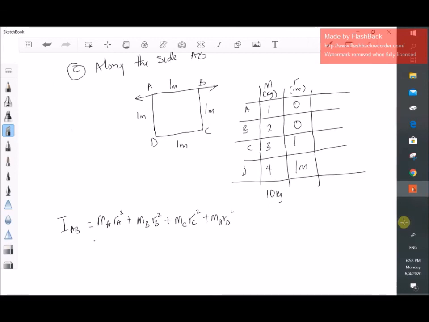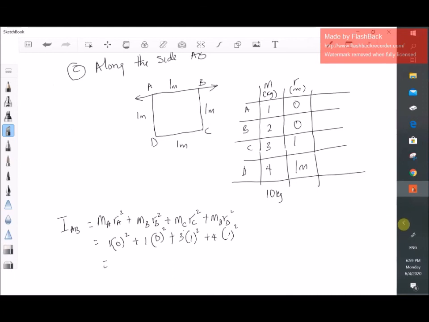Now we plug in the values. Mass at A is 1 times the distance from A, which is 0 squared, plus mass of B is 2, RB is 0, plus the mass at C is 3, RC is 1 squared, plus mass at D is 4 times RD is 1 squared.